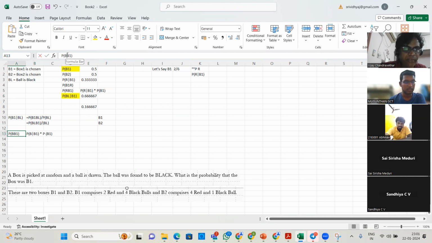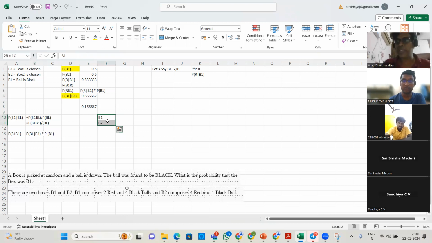Okay, this is black. Okay, all right. Now, we do agree that B1 and B2 are mutually exclusive, correct? Now, can we write BL, the black, as BL intersection B1, union BL intersection B2?